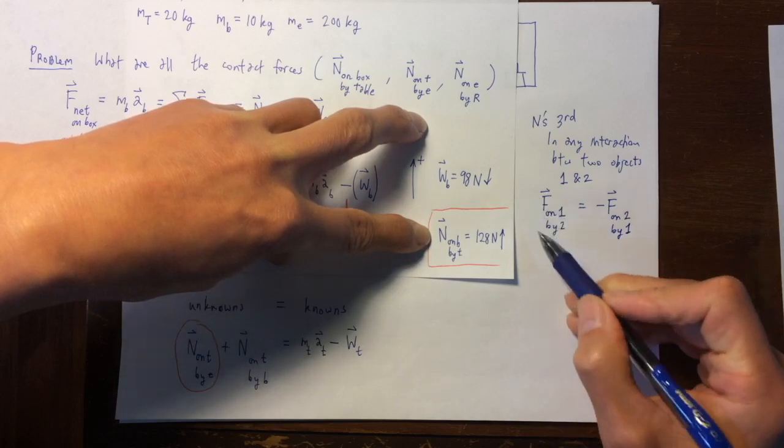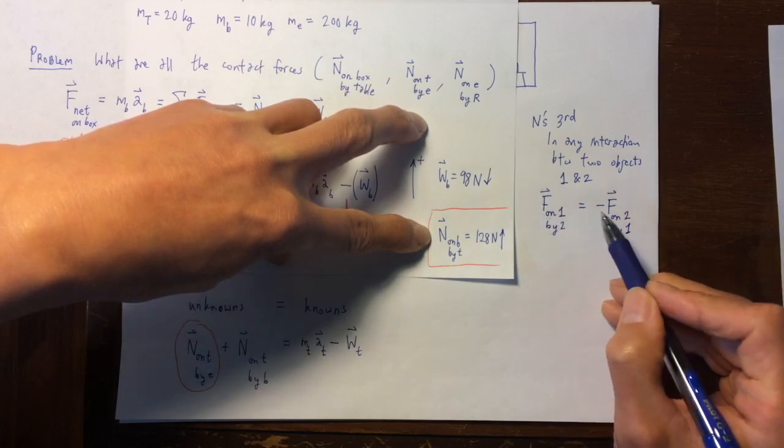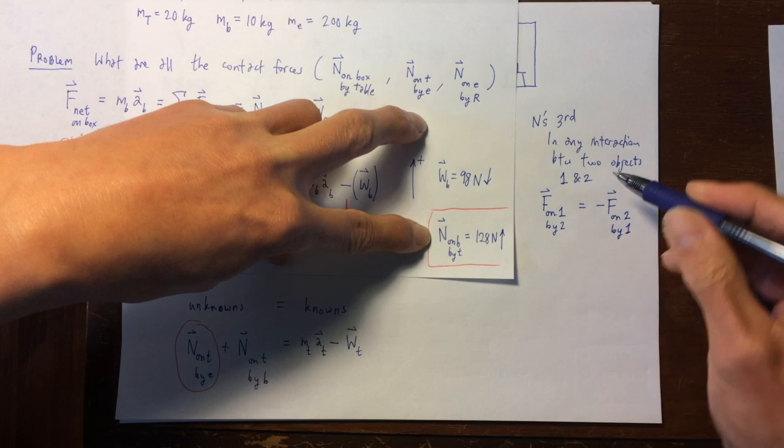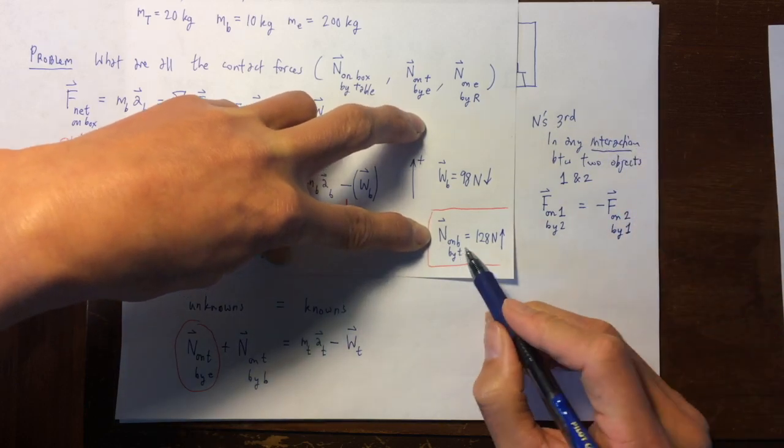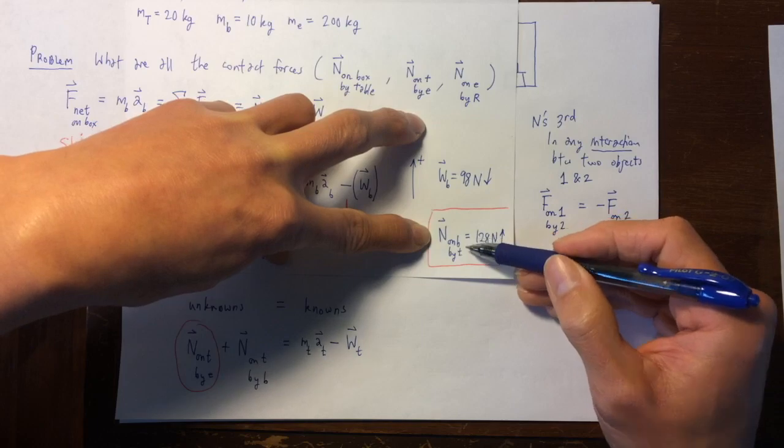The action is equal to the opposite of the reaction in any particular interaction. This is an interaction between the box and the table.